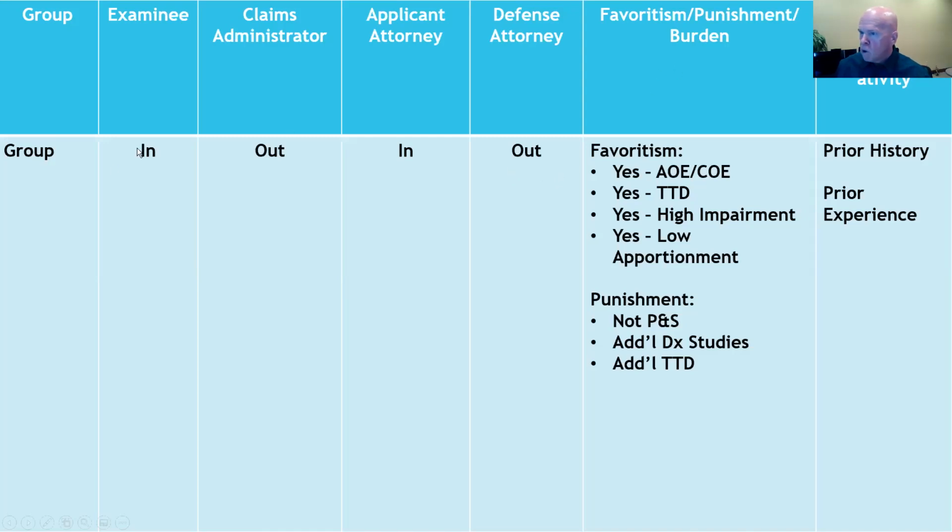So what is the form of favoritism that you could opine for those members in your in-group, meaning the examinee and the applicant attorney? Well, in the case of a denied claim, where you're being called to evaluate causation, you will likely opine AOE, COE through unconscious bias favoring your in-group. You will opine for total temporary disability benefits.